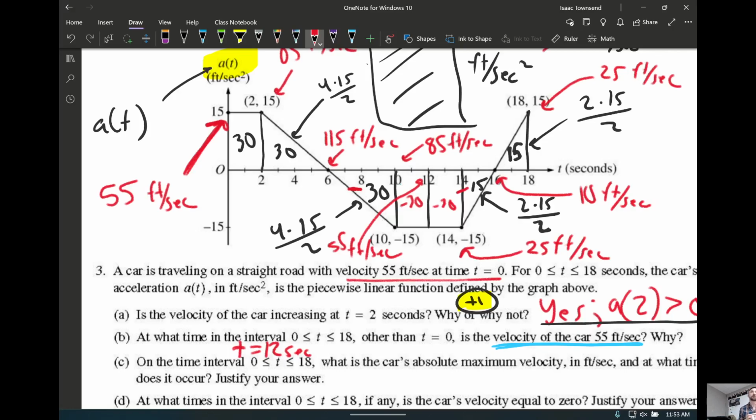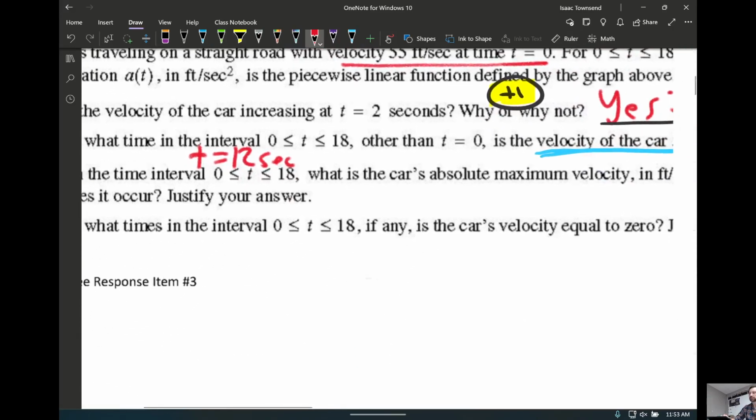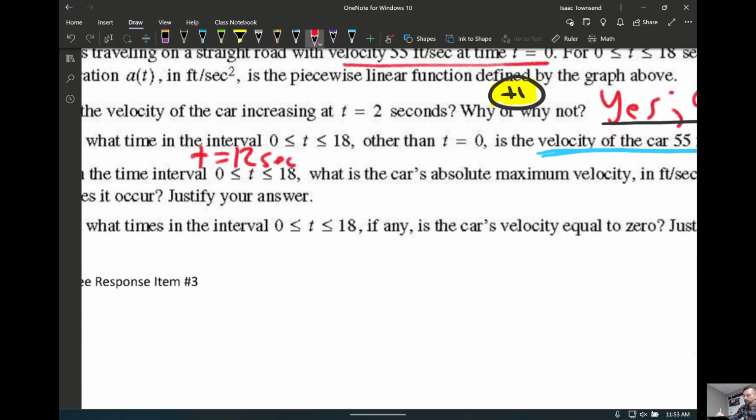That's how you're supposed to do that. Not try to reason it out in your head. We can actually calculate that. But you don't know to even do that if you don't start thinking about what the area under this curve represents. Okay, this is where we need to start using a little bit more integral justification. So we had, starting off with a velocity of 55 when t equals 0.